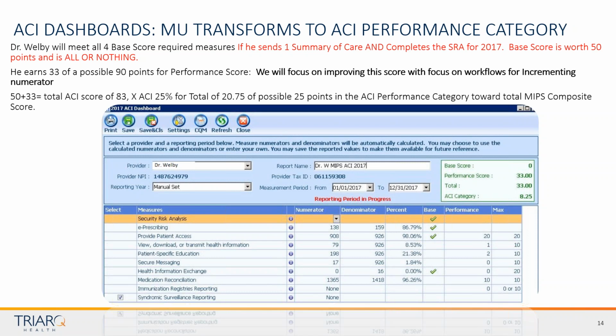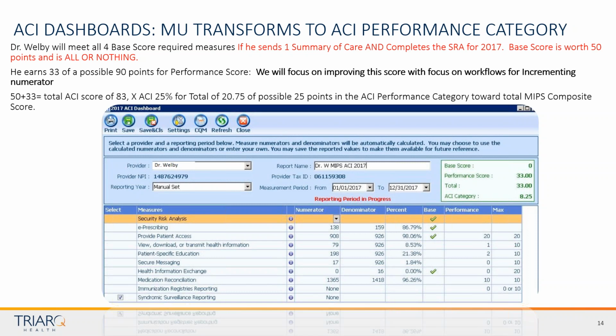We're calculating your performance score for you already, just so you can see what your potential is. But those do not count. If you don't do the base, you do not count your performance score. If you get a 0 in the base score, you get a 0 for the entire category. So pay very close attention to this.